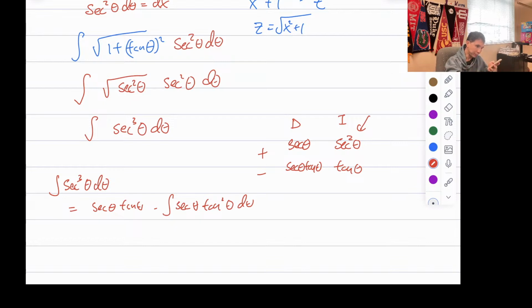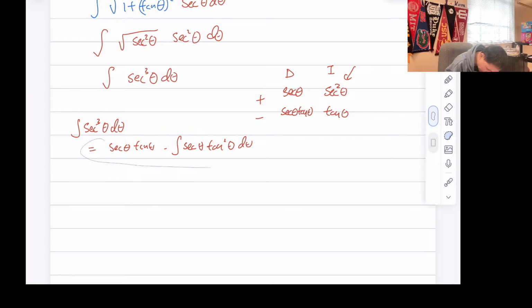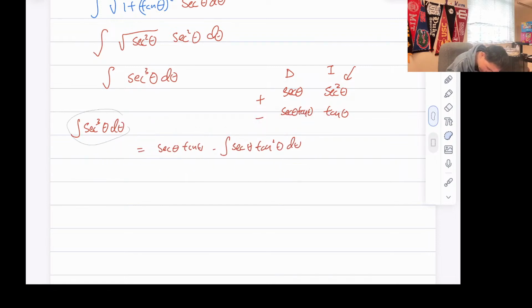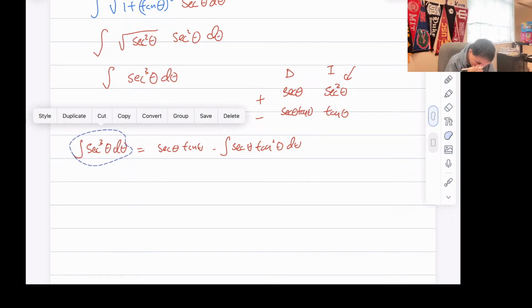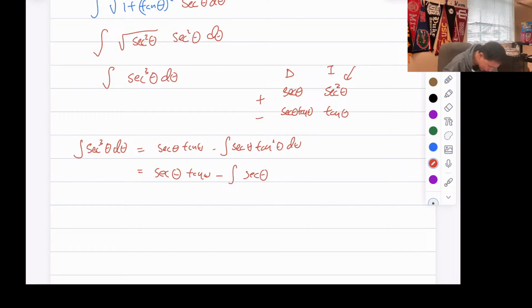So, review of all the things, right? We did this before, so let me move it around a little bit. And that's equal to what? Secant theta tan theta minus secant theta times what?